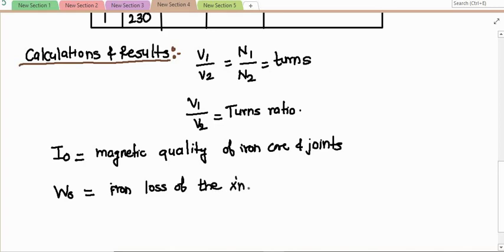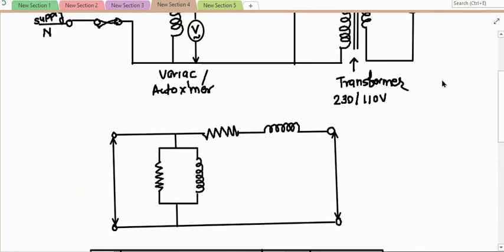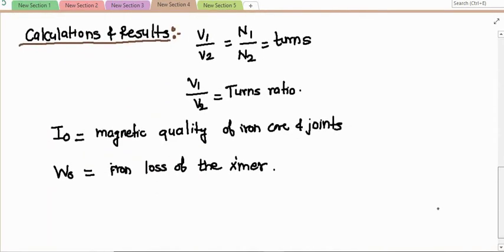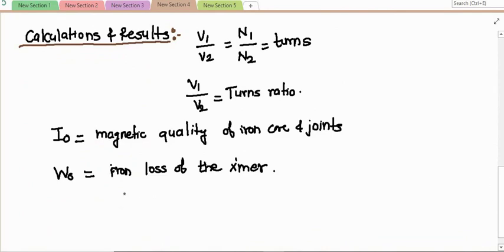Remember students, the secondary side circuit is not closed, so no current will flow through the secondary side. Only current will flow on the primary side, which is denoted by the ammeter connected on the primary side. So this is your no load current. So no load losses will take place. What are the no load losses? Those are nothing but your iron losses. Iron losses means hysteresis loss and eddy current loss.